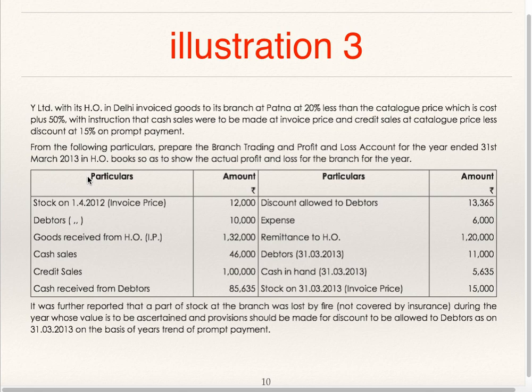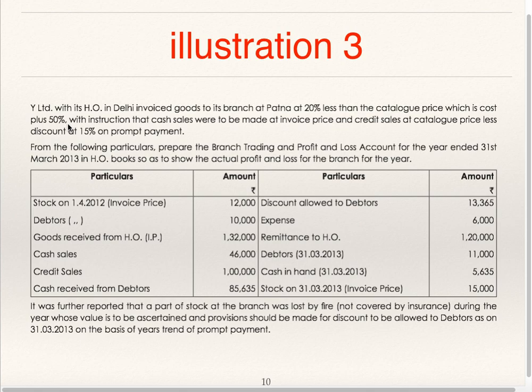Now we'll go to third illustration. Y Limited, with its head office in Delhi, invoiced goods to its branch at Patna at 20% less than catalog price. Invoice price is 20% less than catalog price, which is cost plus 50%.